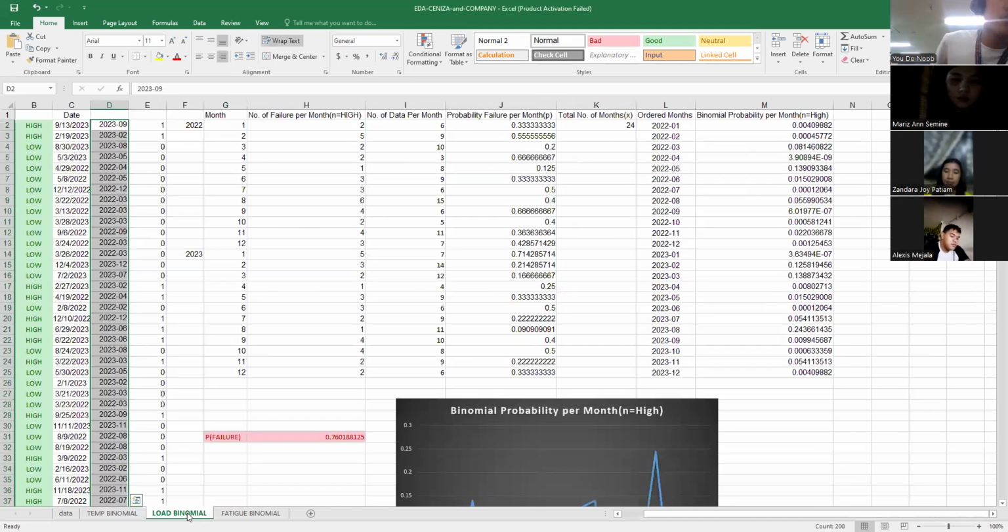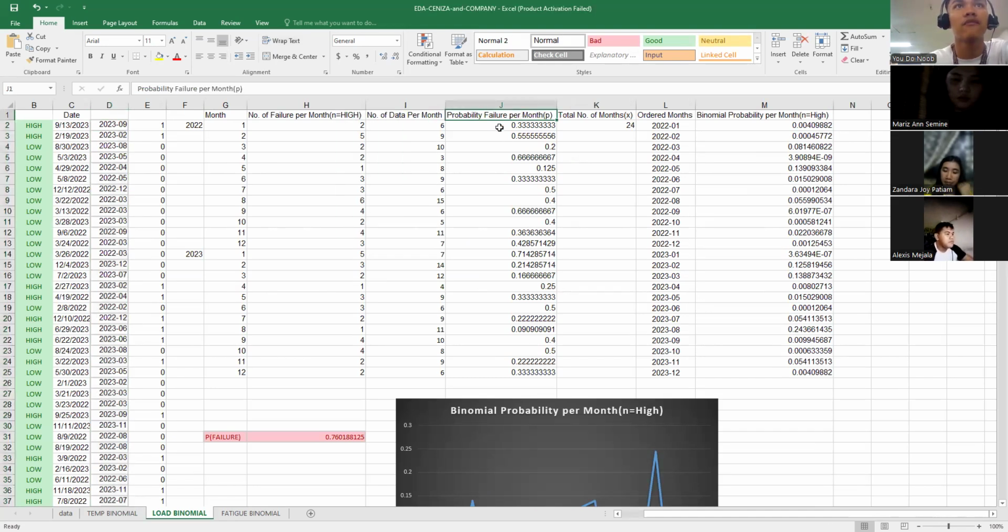Now for the traffic load, we use the same equations and functions to calculate the probability per month. First, using the Excel functions, we determine the number of failures under the traffic load and the number of data. In this way, we can calculate the probability of failure per month.